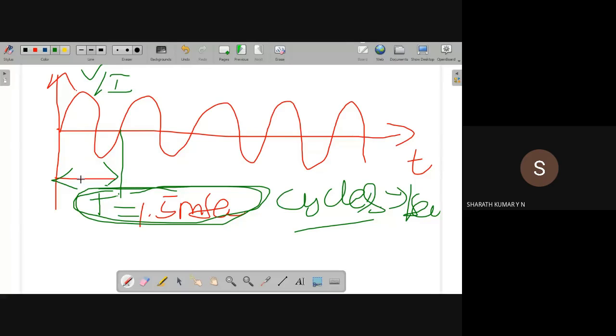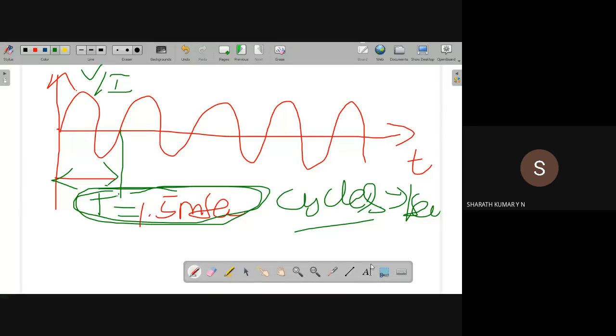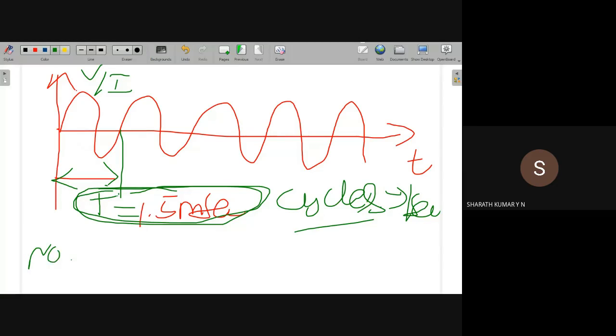The mathematical calculation is very simple. How to calculate how many cycles will appear? It is the number of cycles per second. That's how to find it.